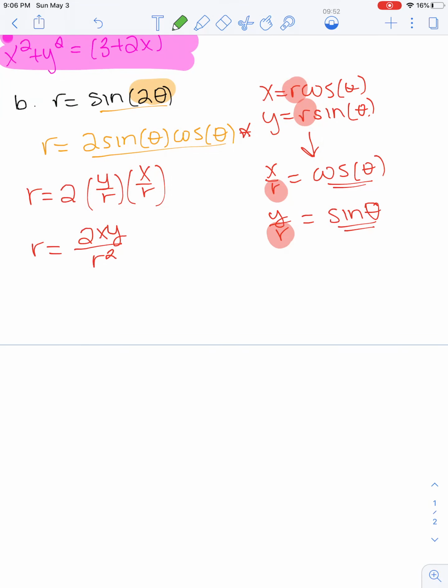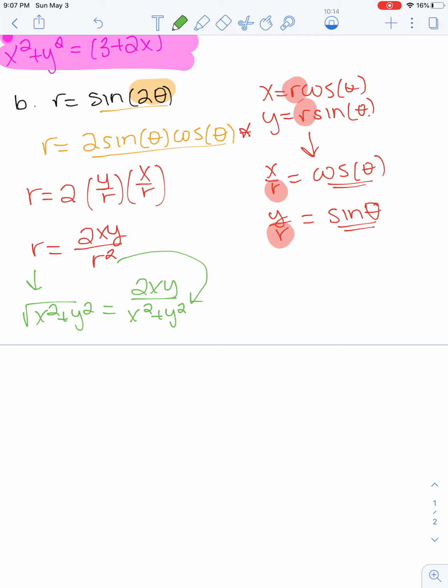So again, instead of r, I'm going to go ahead and write the square root of x squared plus y squared is equal to 2xy, and instead of r squared, I'm going to write x squared plus y squared.